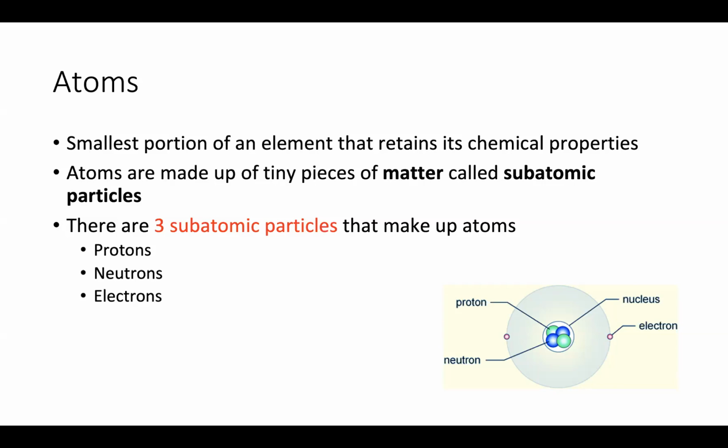Those subatomic particles by name are protons, neutrons, and electrons. In terms of location in the atom, inside the nucleus we're going to find our protons and neutrons, and then out in our outer energy shells is where we will find our electrons. And it is these electrons in these outer energy shells that are responsible for interaction between atoms of different elements in order to form compounds.